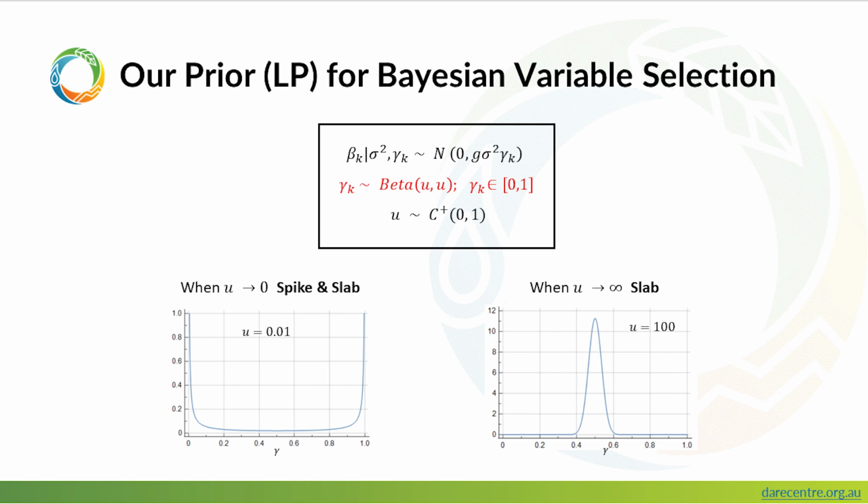When the hyperparameter U goes to 0, it shows the characteristics of spike and slab, and when it goes to infinity, it becomes the slab and shows the continuous nature. So this prior is better at interpreting whether variables are important or not compared to horseshoe.